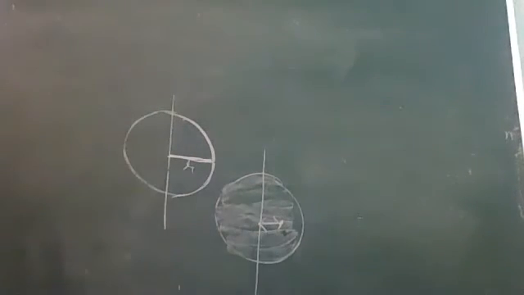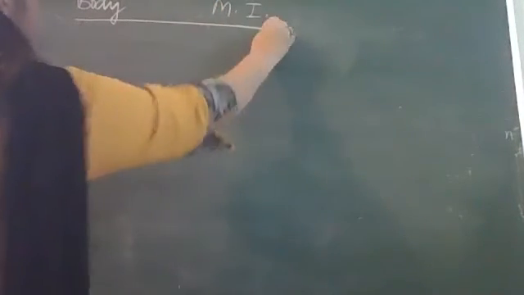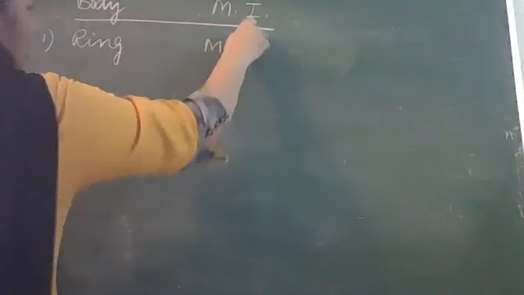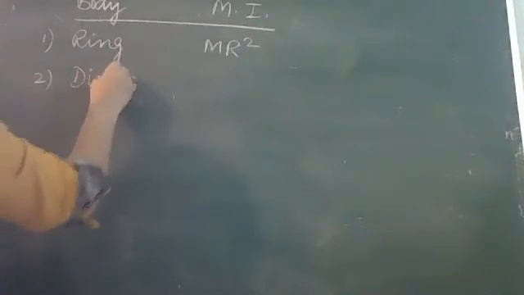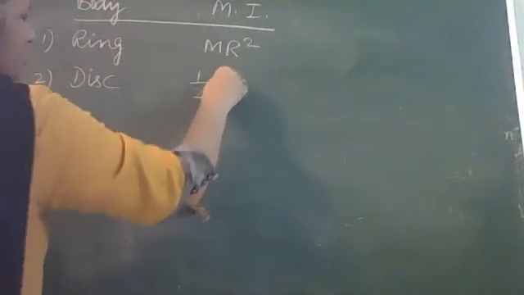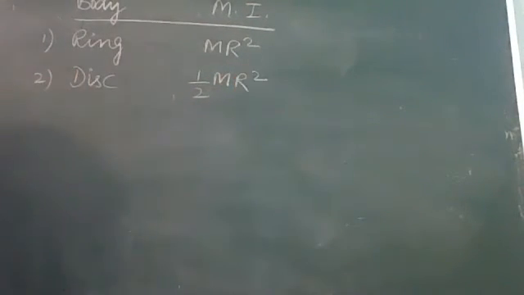All right, so let us draw the table. First of all, body or shape and its moment of inertia. First is the ring. Moment of inertia of a ring is mr square. And of a disk, as I told you, is smaller, half mr square. Ring has more moment of inertia as compared to a disk.